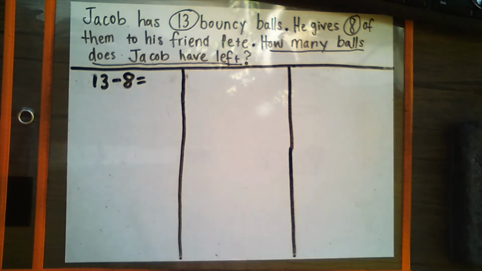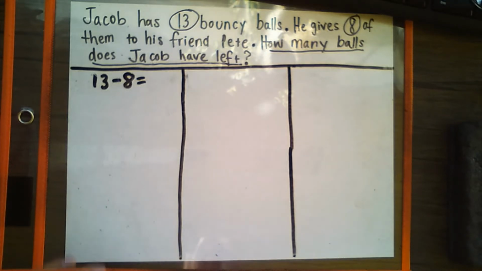We can count on from 8, we can use fingers, I can use a number bond and take from 10. There's a lot of different ways to go about solving this problem. But for today's lesson, we are going to focus on using our take from 10 strategy. So we're going to record that on our own sheet here, and you may do it with me at home as well.